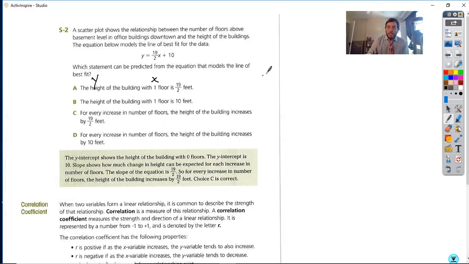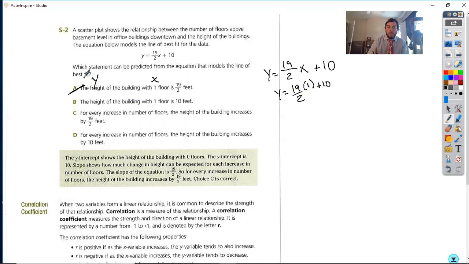Well, if we were to take y equals 19 over 2x plus 10 and substitute in 1 for x, we'd have y equals 19 over 2 times 1 plus 10. When we add these together, 10 plus 19 over 2, which is about 8.5, it is not going to be 19 over 2 because we're adding 10 to it.